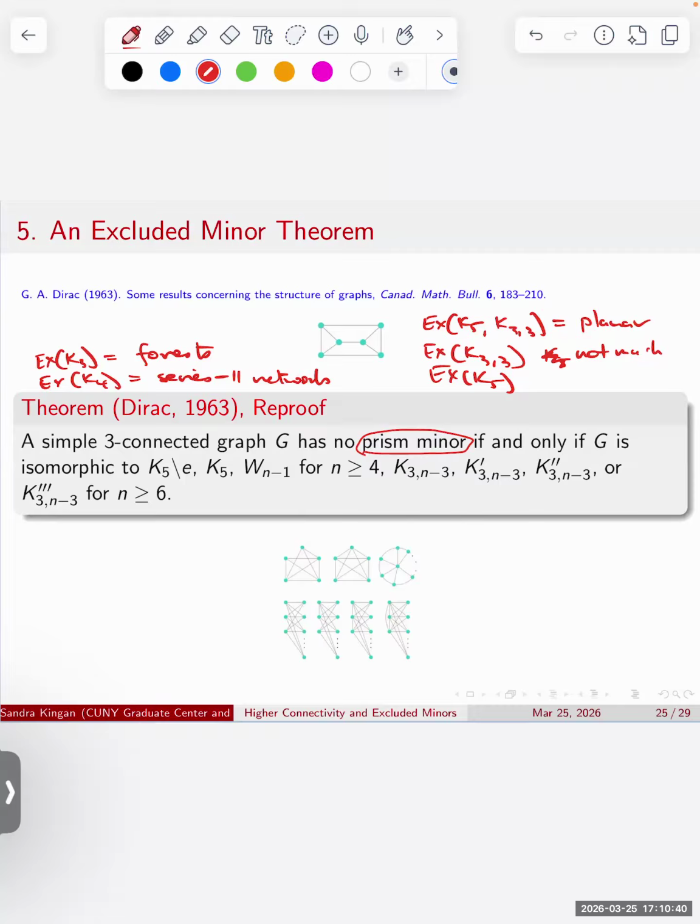And when the splitter theorem came out, the proof on page 26 of Bollobás's extremal graph theory book uses a splitter theorem, so you condense it a little bit more than the original proof, because Dirac did this result before the splitter theorem came out. So he was just using Wheel's theorem.